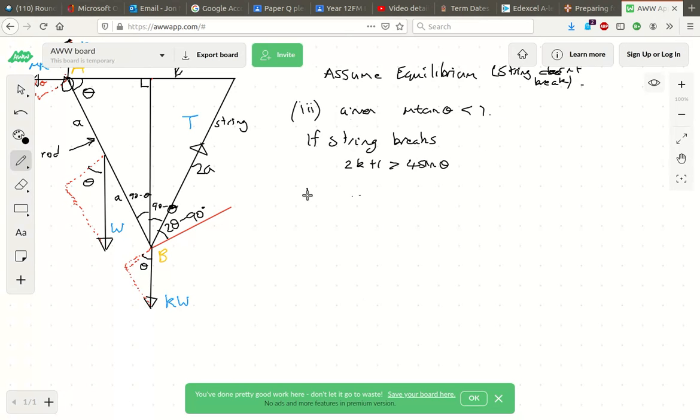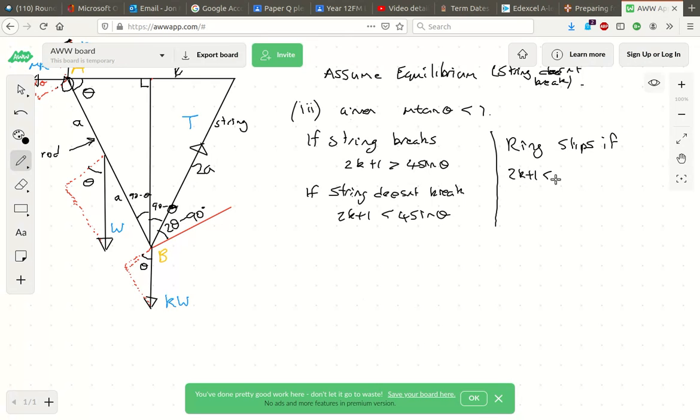So let's just say if the string doesn't break, that inequality is going to work the other way around. 2k plus 1 is going to be less than 4 sine theta. Yeah, if the string doesn't break. Okay, right. And then from part 2, we worked out that the ring slips if 2k plus 1 is less than 2k plus 3 mu tan theta.